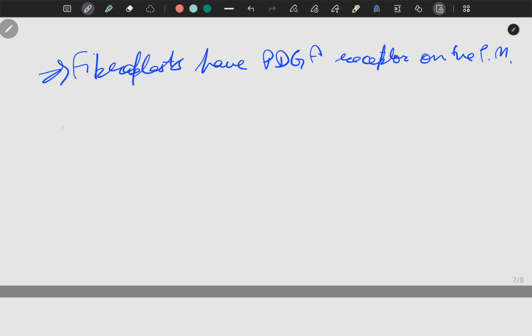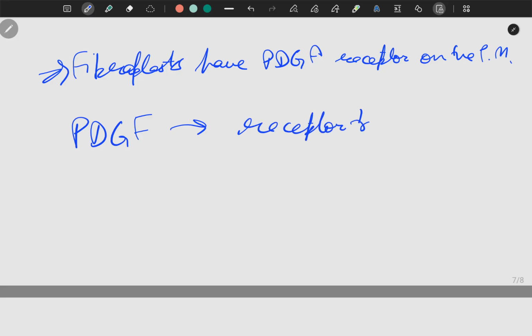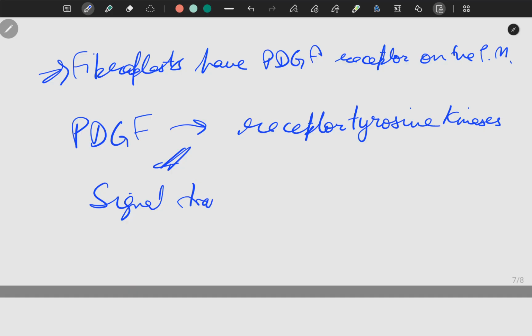Then PDGF binds to these receptors, which activates receptor tyrosine kinases, which trigger a mechanism I'll teach you later, the signal transduction pathway.